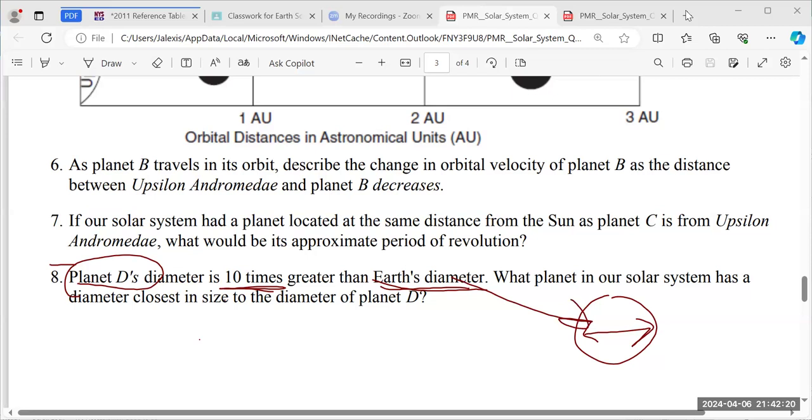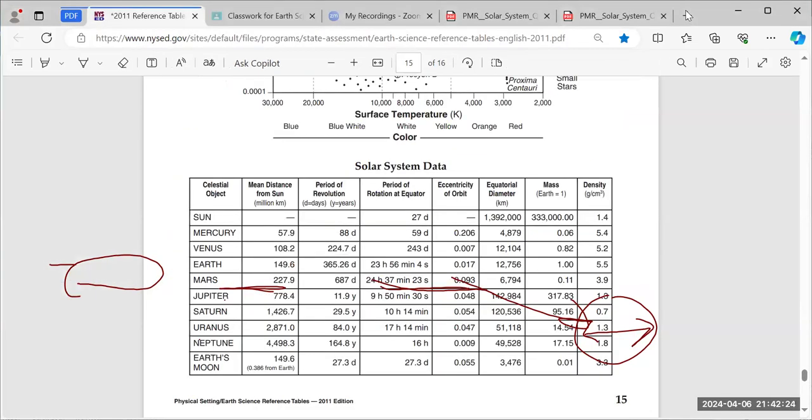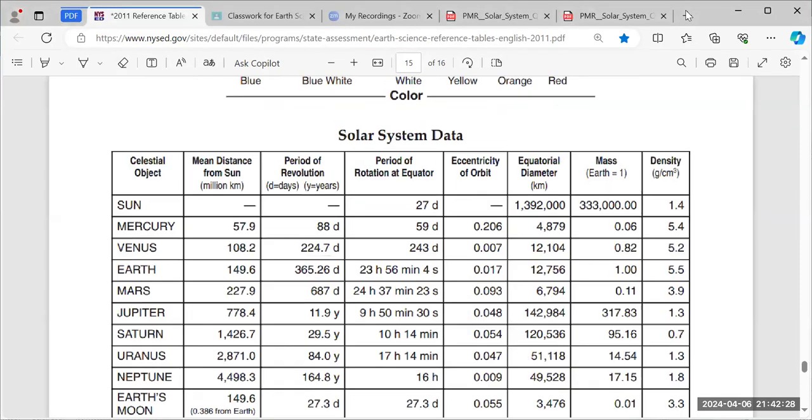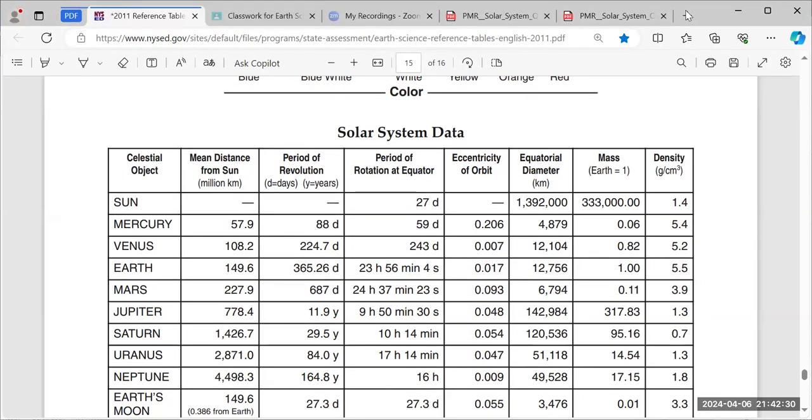So I'm looking at page 15 of the reference tables, the solar system data chart. I see equatorial diameter right here, and I'm going to look at Earth's. Earth has a diameter of 12,756 kilometers. So the question is saying planet D is 10 times that amount.